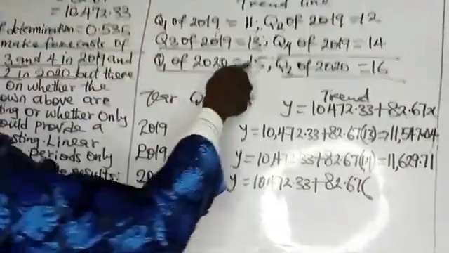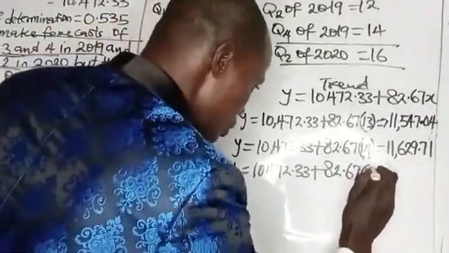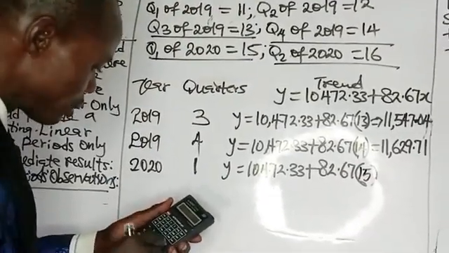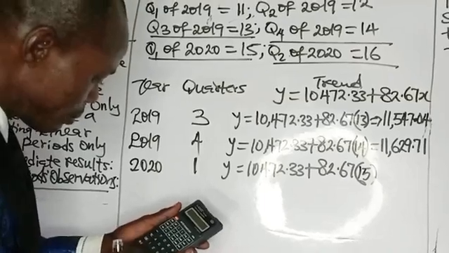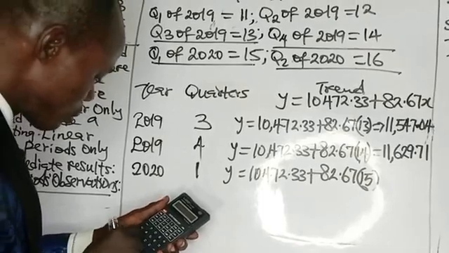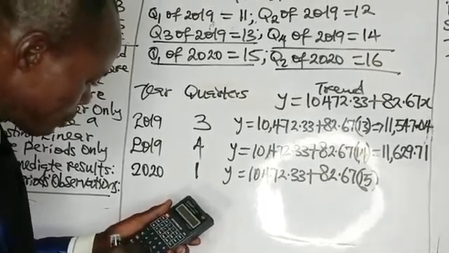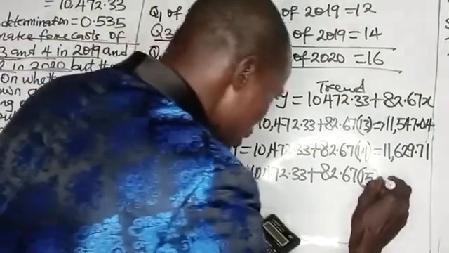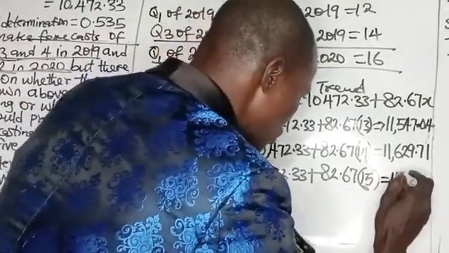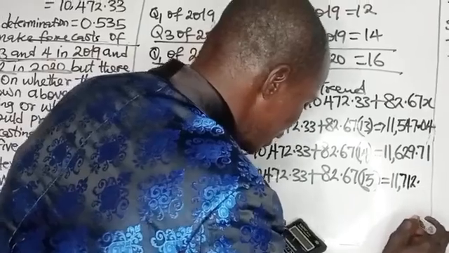And for the first quarter of 2020, the value of x is 15. 82.67 times 15, we have 1,240.05 plus 10,472.33. We have 11,712.38.